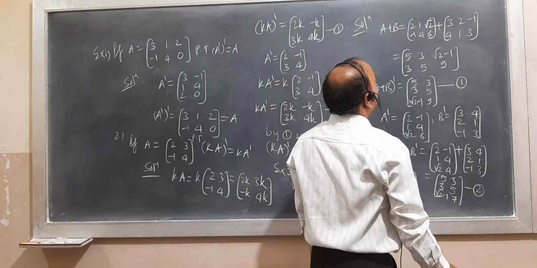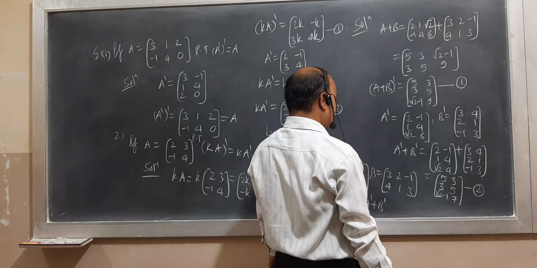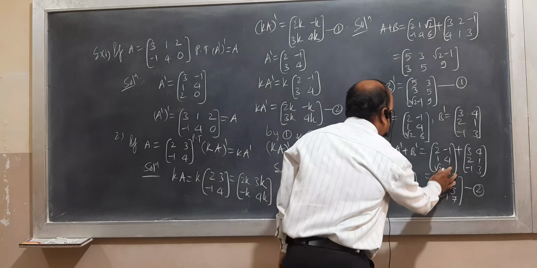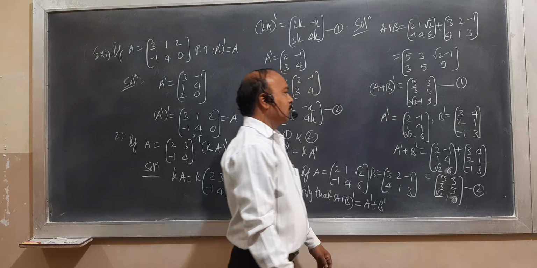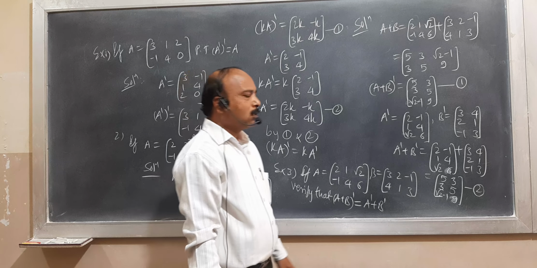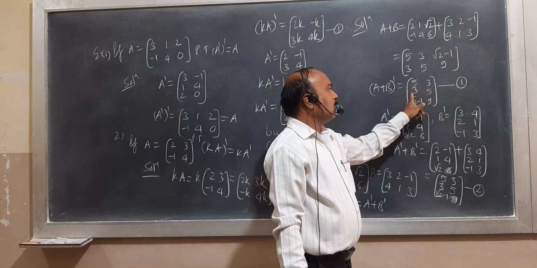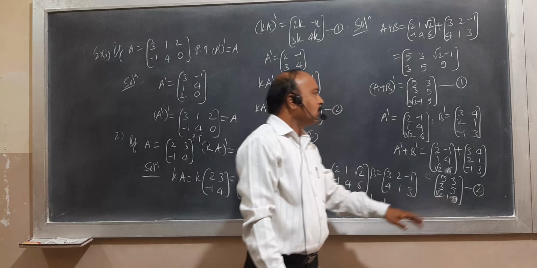Now we conclude from equations 1 and 2 that the right hand sides are equal: 5, 3, 3, 5, root 2 minus 1, 9.